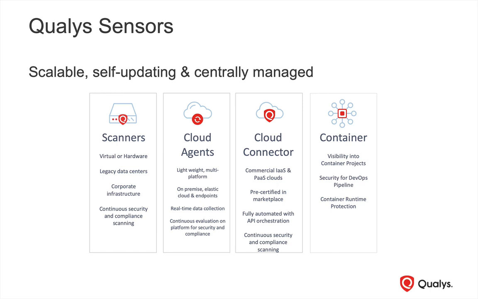The first sensor that you may be familiar with, maybe you've been using it a long time, is the one that's been around the longest from the Qualys perspective. It's the scanner appliance. It's the network scanner. Using a network scanner, we can run a full assessment across an IP range or against a specific IP. So we can run authenticated scans and unauthenticated scans. We can deploy virtual or hardware appliances.